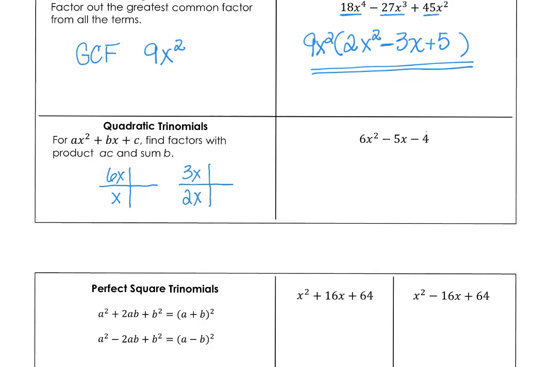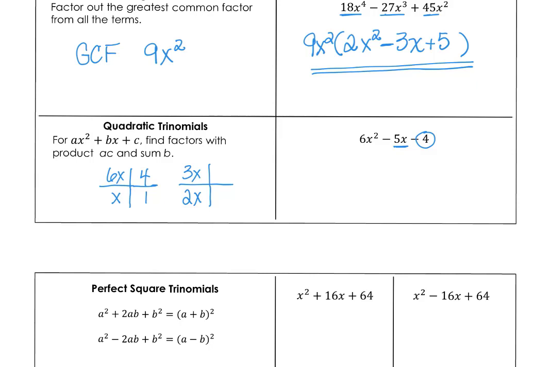And the last term is 4. So to get a 4, if I put a 4 here and a 1 here, or if I wanted to try a 2 here and a 2 there, you would find out that none of those will work to give us the middle term of 5.